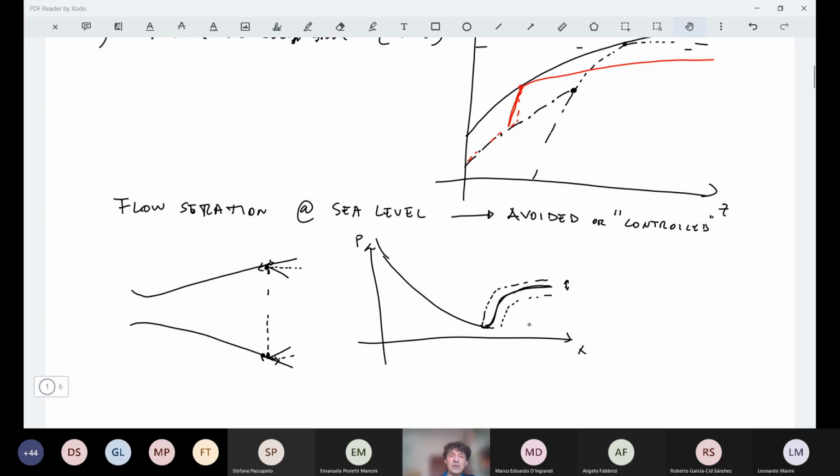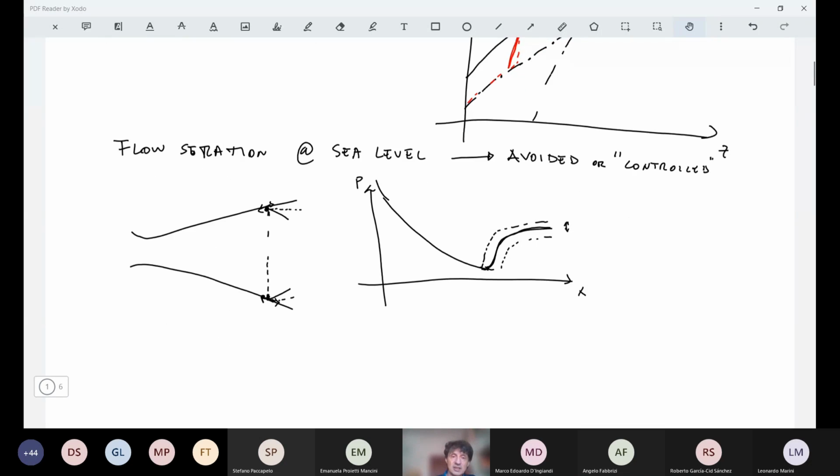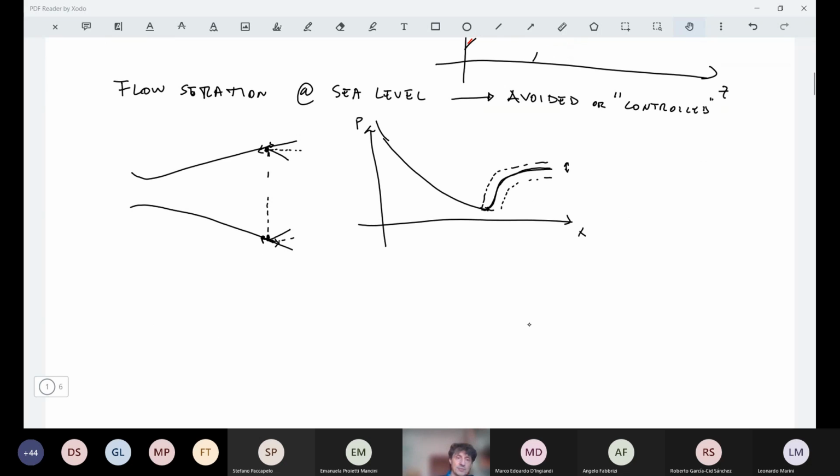Let's imagine an extreme case where everything is oscillating together. For instance, this point has moved in this direction, and this is moving to this position, and all is moving together.